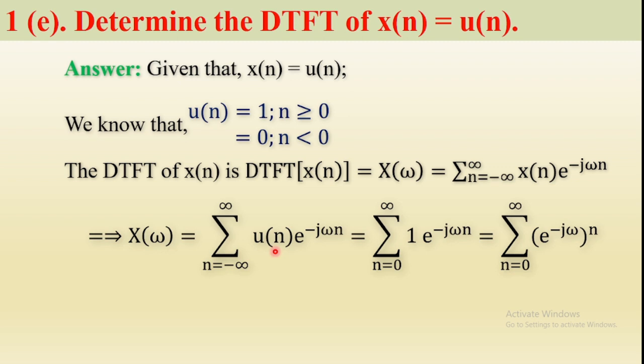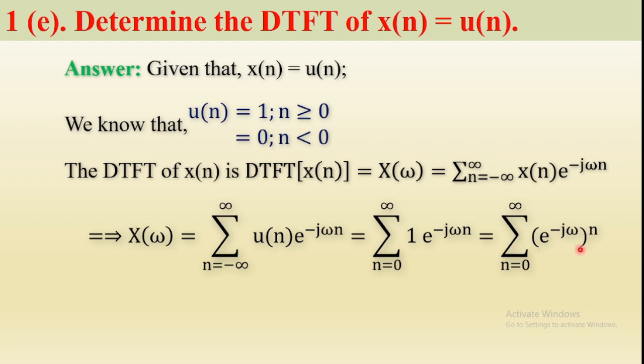So the range of n is now 0 to infinity, and that is equal to 1 into e power minus j omega n.